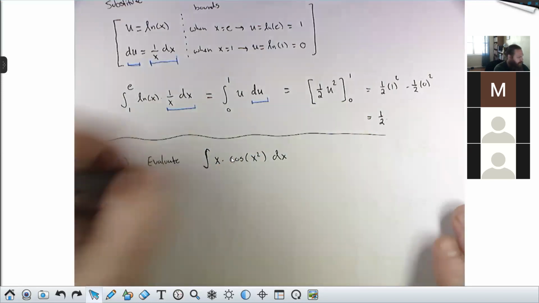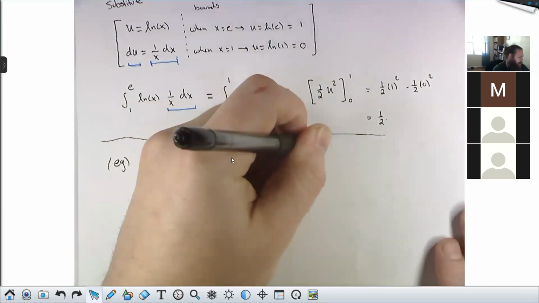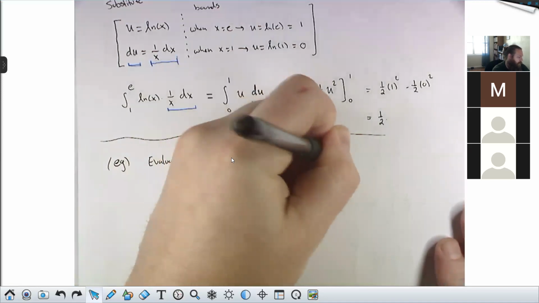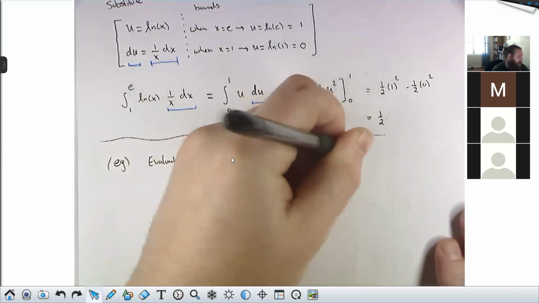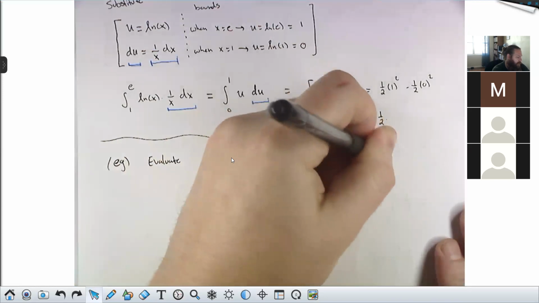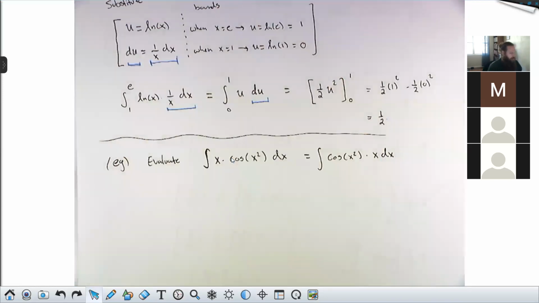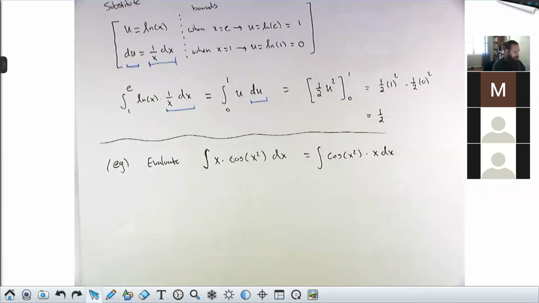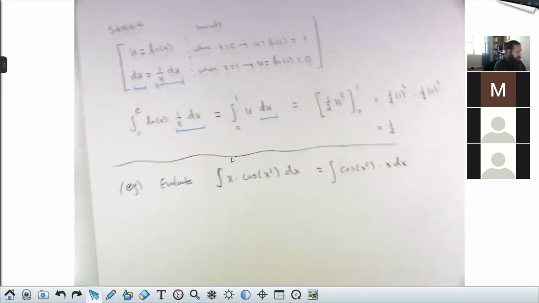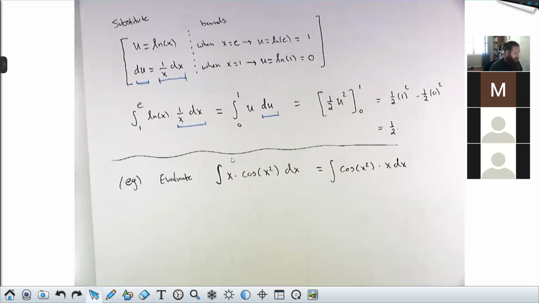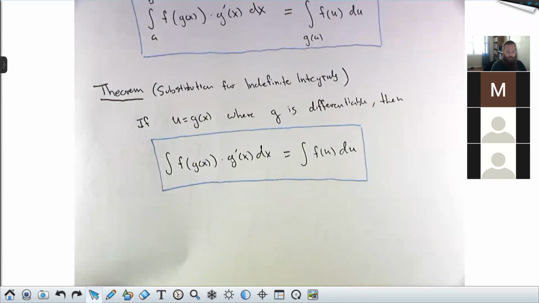If I wanted to, I could rewrite this as cos of x squared times x dx. It's not necessary, but that's thinking about the recipe from substitution, right? That's thinking about how to make this look a little bit more like this.